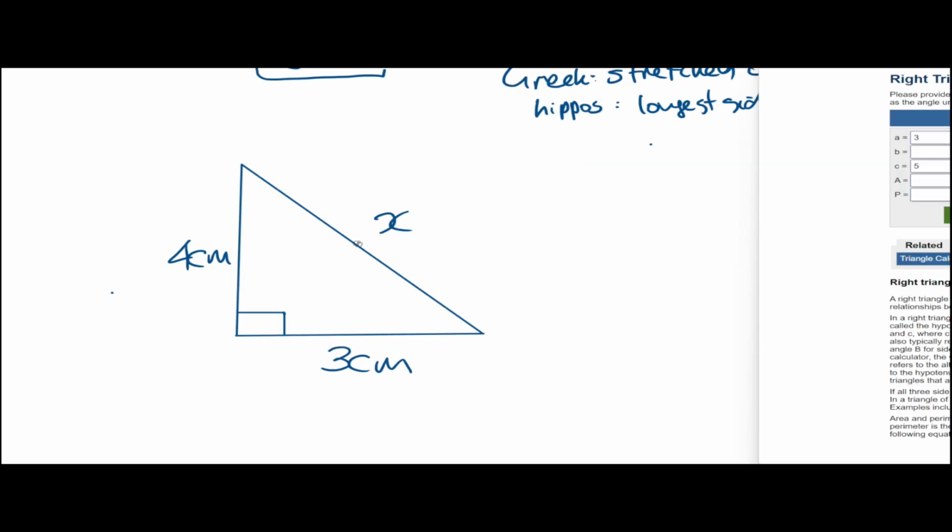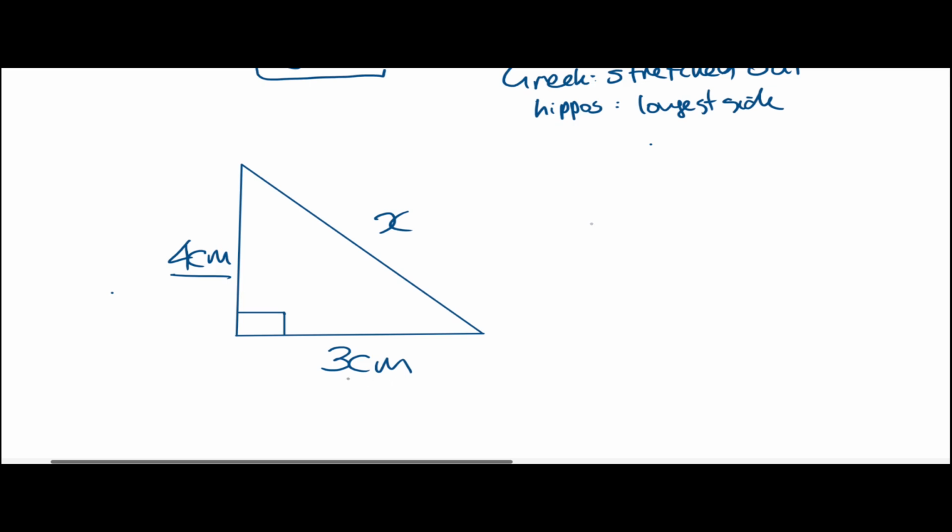Welcome back. Let's do a few examples. Pretty easy examples. So I've got a right angle triangle. I know that this is a right angle triangle. It tells me whenever I have that square there, I know that it's a 90-degree angle. The two shorter sides are 4 centimeters and 3 centimeters, and I want to work out how long this longest side is.